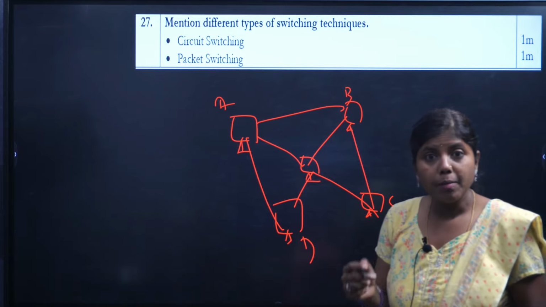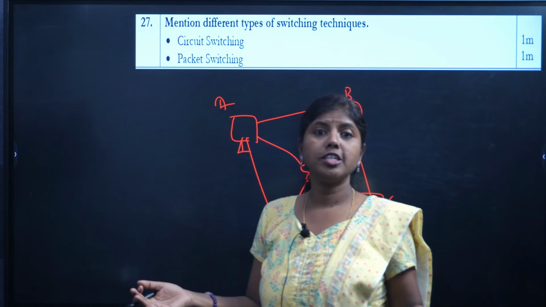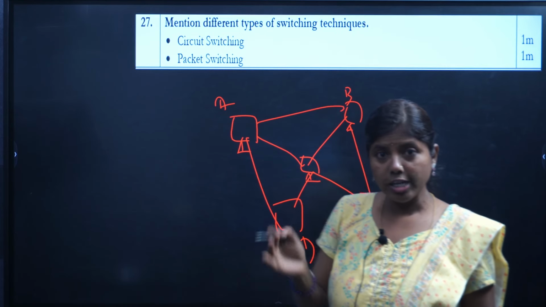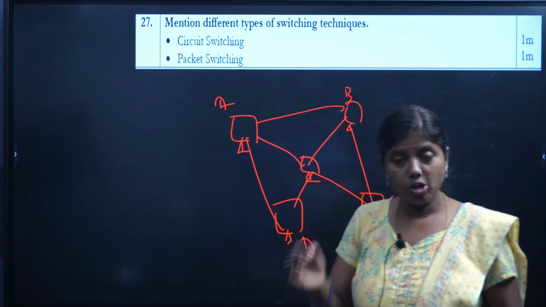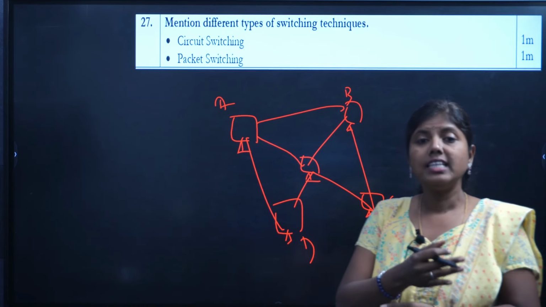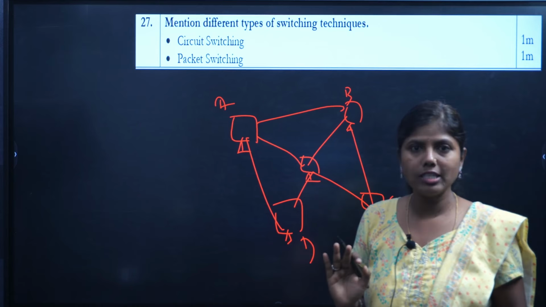Remember, in case of circuit switching, the circuit is already established. If circuit switching is used, the circuit has to be established well in advance and then the communication takes place.